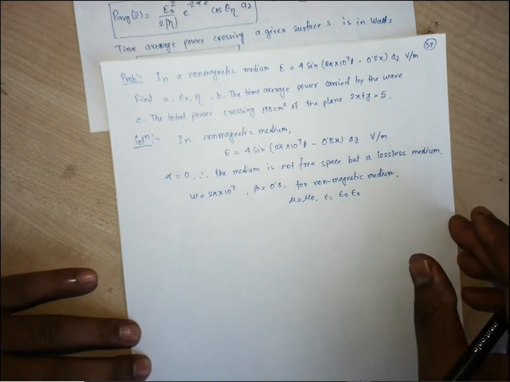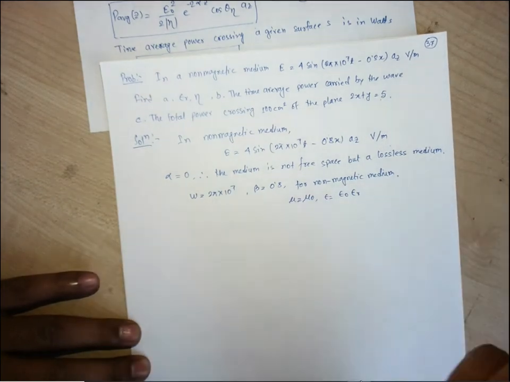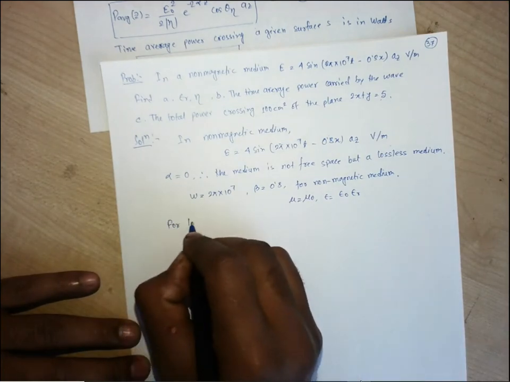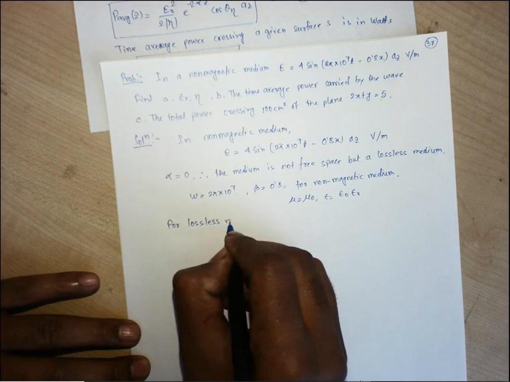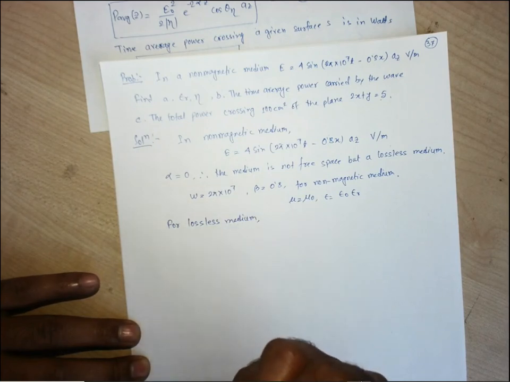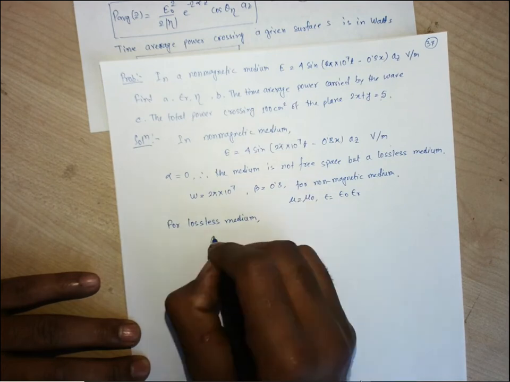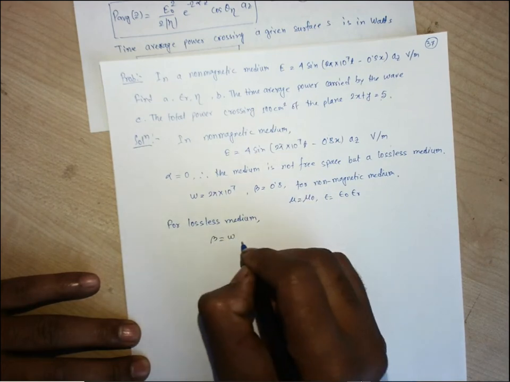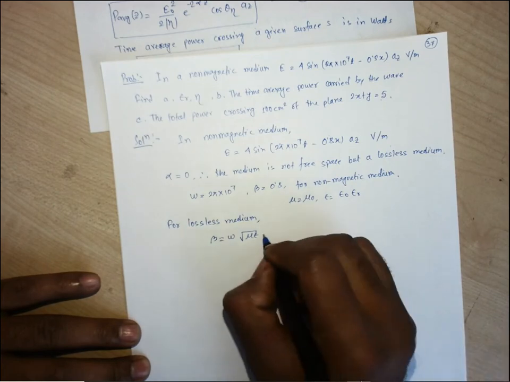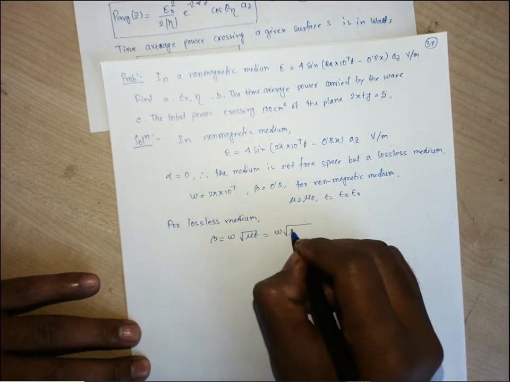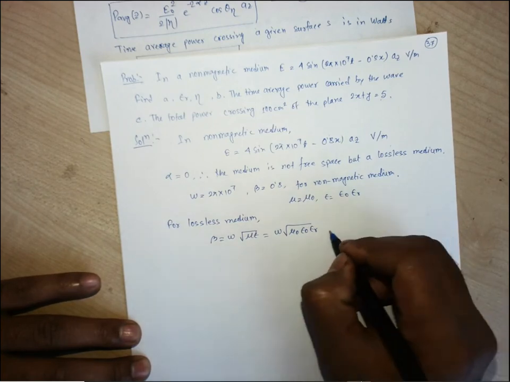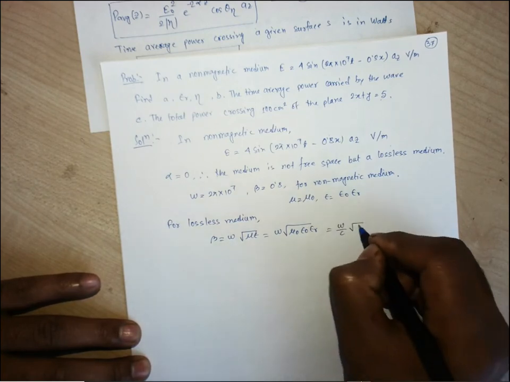For a lossless medium, when alpha is 0, what is the expression for beta? What is the phase shift constant? Beta is omega root over mu epsilon. So this is omega root over mu naught epsilon naught epsilon r, which is omega by C root over epsilon r.